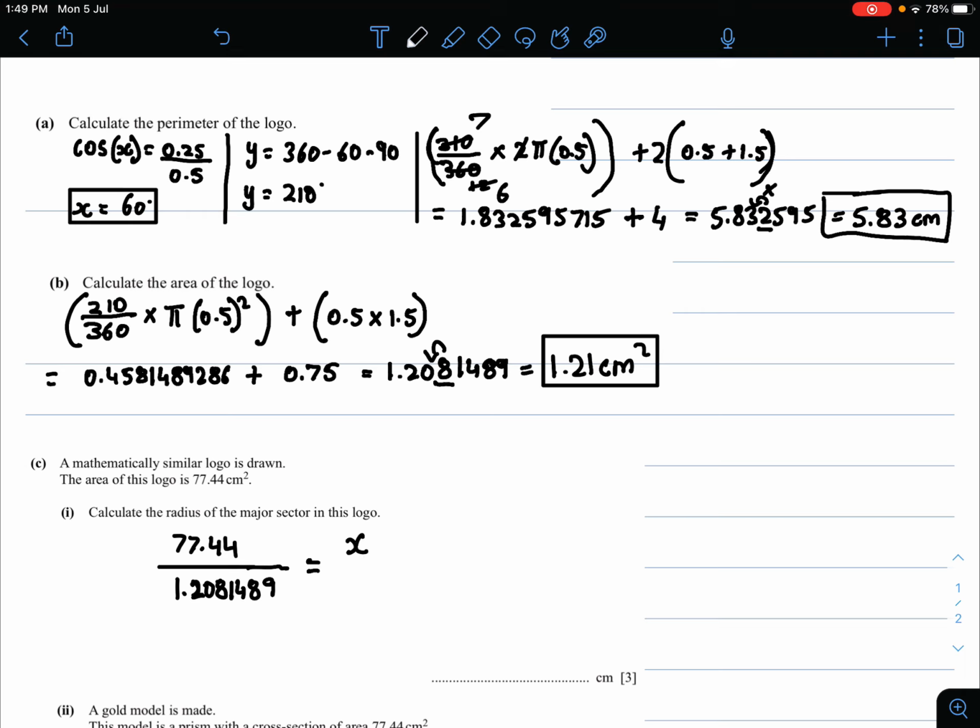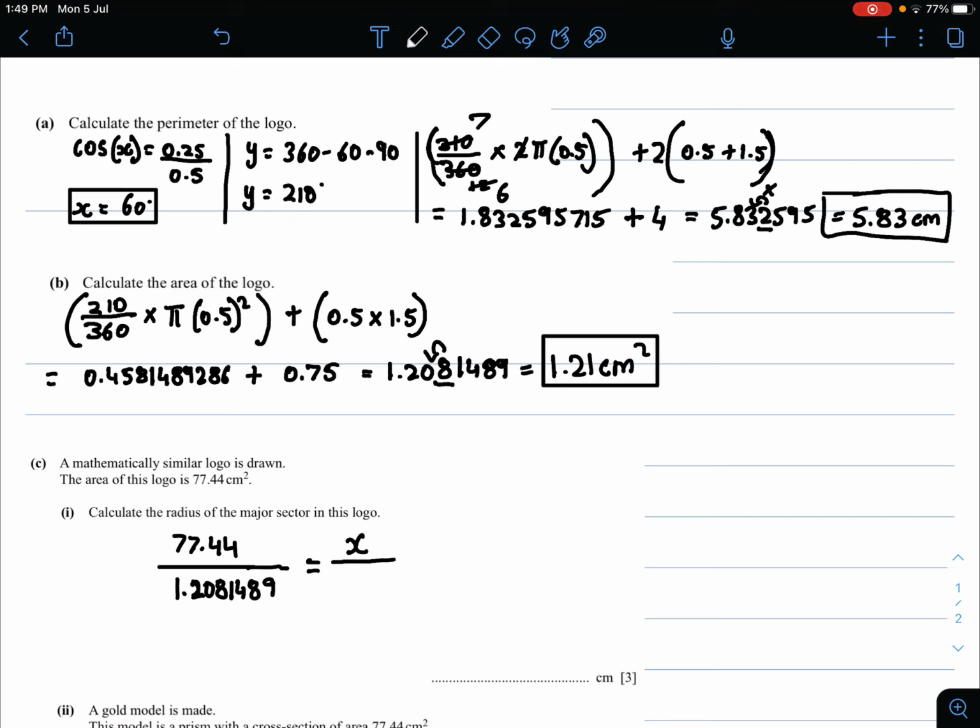You leave that radius as x, and you make sure to keep it in the numerator, because the area of that shape is in the numerator on your area side as well. So the area and radius both go together, either both in the numerator or both in the denominator. So over here, both go in the numerator of the new logo.